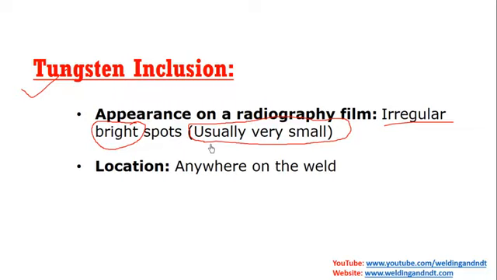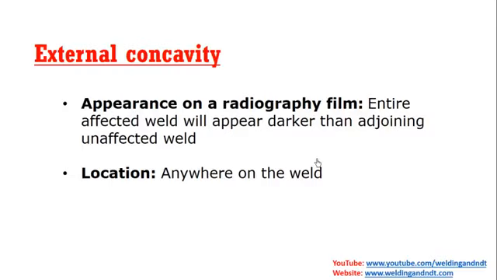They will look like very small bright spots, and they can appear anywhere on the weld. Here you can see this bright spot. This is tungsten inclusion, this is tungsten inclusion. So here you can see all the bright spots are nothing but the tungsten inclusion. This is very easy to recognize.